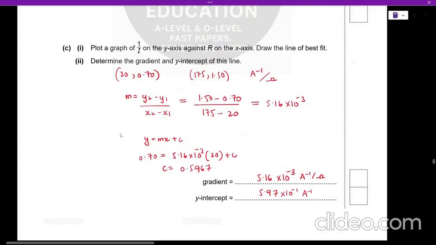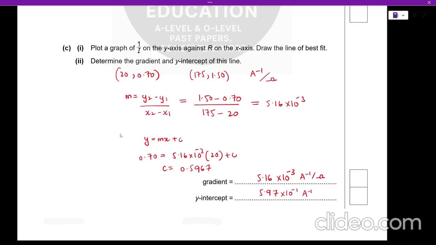My one coordinate was 20, 0.70, and the other one was 175, 1.50. As on the y-axis we had A minus 1, and on the x-axis we had ohms, the gradient came as 5.16 into 10 power minus 3 A minus 1 per ohm.